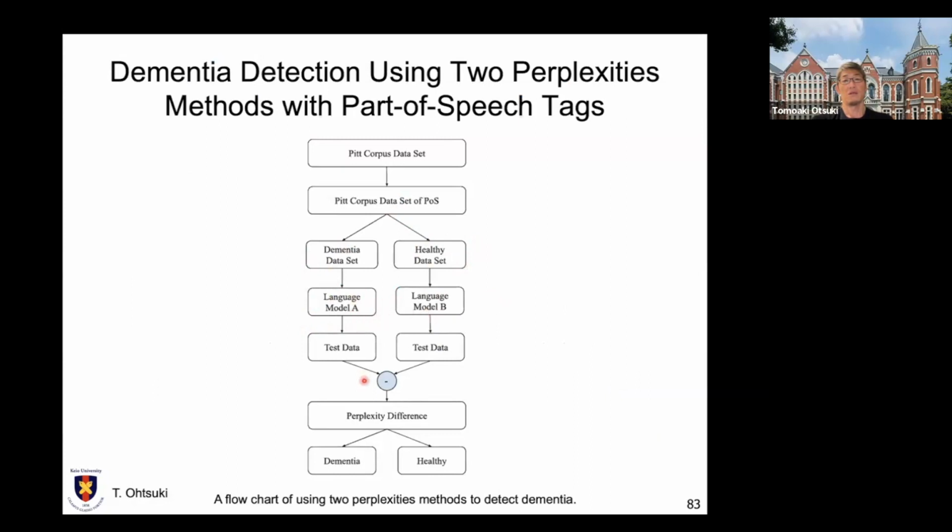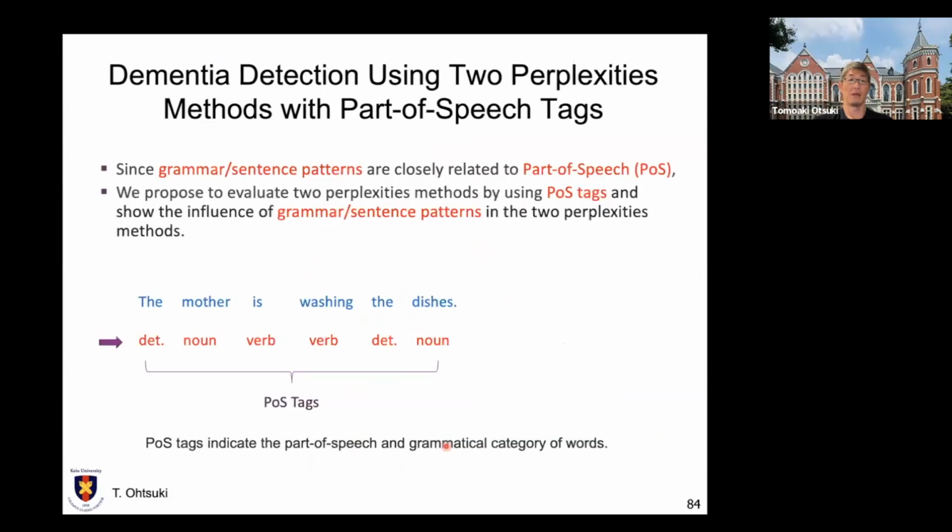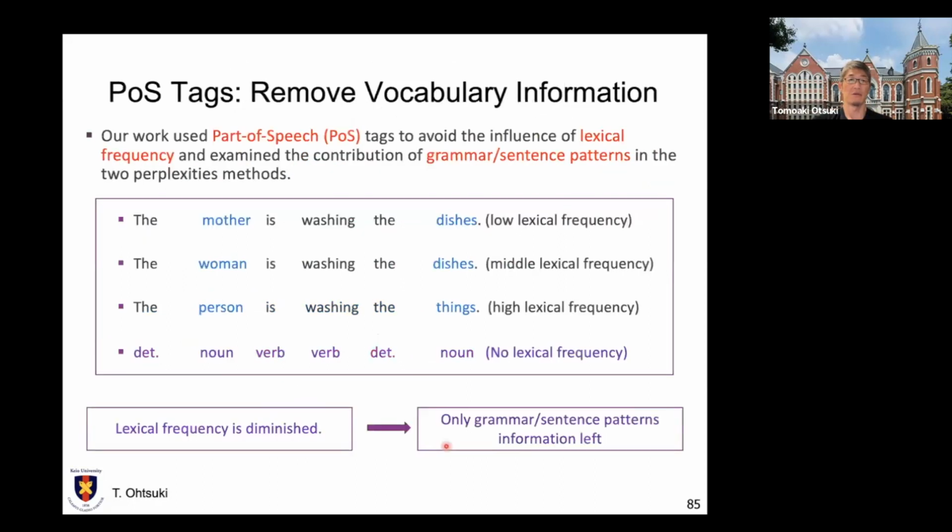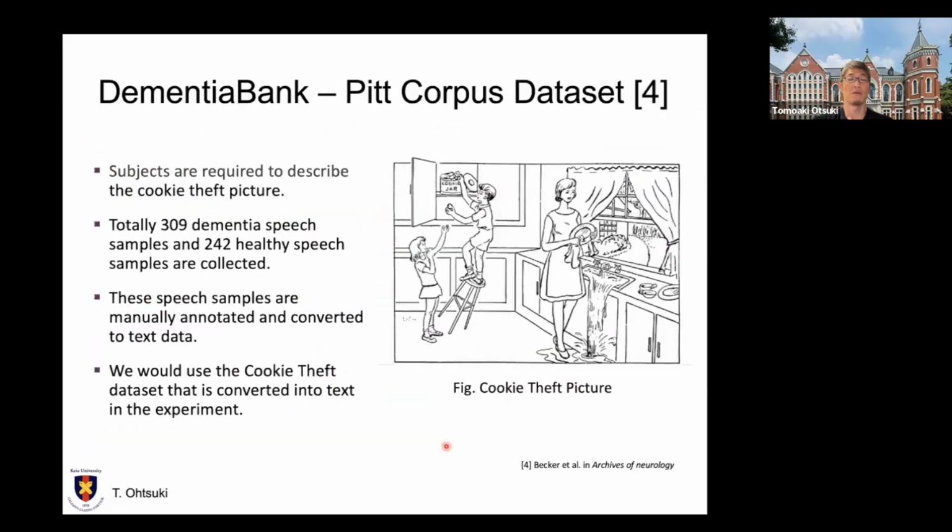Then we see the perplexity difference and judge whether this person is dementia or healthy. We applied several investigations, like how grammar contains information to differentiate dementia persons from healthy persons, but I will skip these.